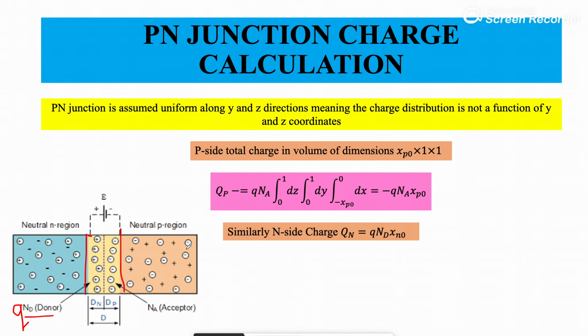Similarly, on the p side, the charge density is minus q times N_A. Why this should be a plus sign and this a minus sign is something you must be familiar with from your electronics course, because charges move leaving behind immobile ions, which are positively charged here and negatively charged there.